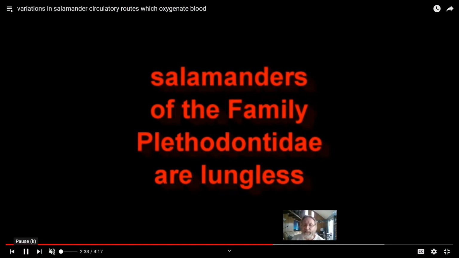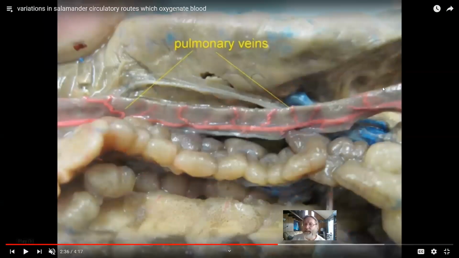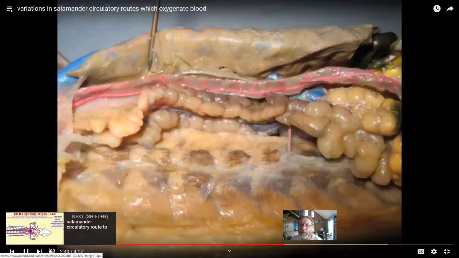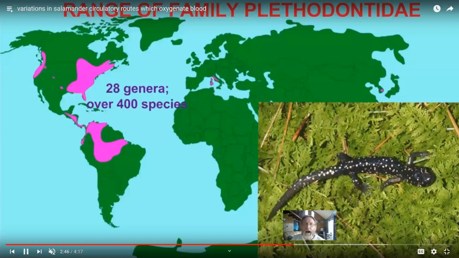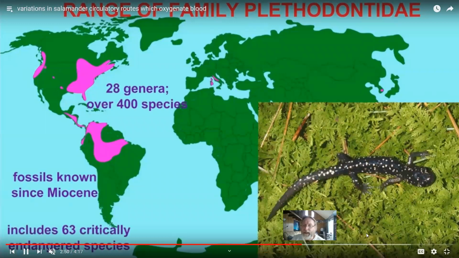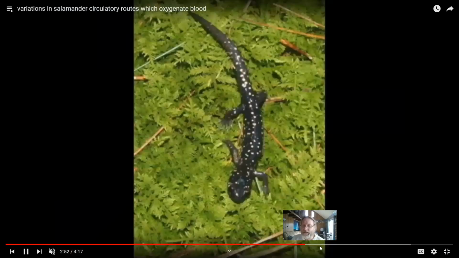They are lungless salamanders. Here you can see, while many salamanders have these long elongated lungs, and here you can see the pulmonary veins bringing oxygenated blood back from the lungs, the most common family in the Northeast US, the Plethodontids, lack lungs and do all of their gas exchange in their skin.